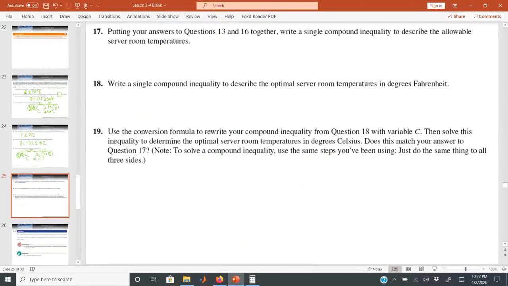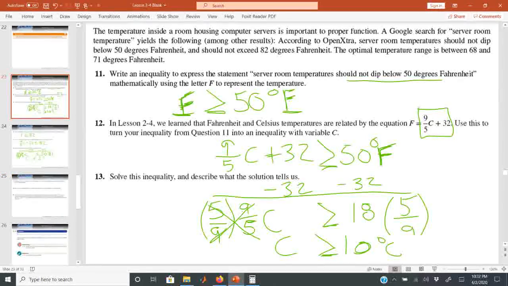Try number 17 and restart the video when you're done. So 17, they want us to write a single inequality. This may have been confusing for a lot of people. To do that, we've got two things that we've done. So question 13, C has to be greater than or equal to 10 degrees Celsius.